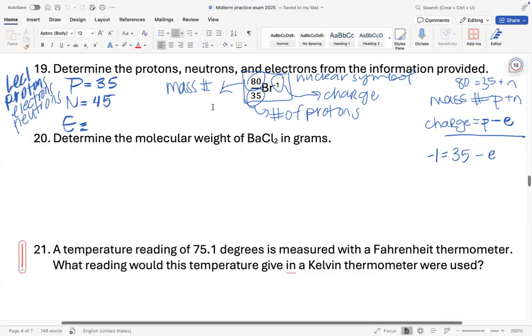So if I wanted to get a negative number, I know that my electrons need to be bigger than my number of protons, and this -1 charge is telling me it's more negative by 1. So 36 is the number of electrons. 35 minus 36 would be -1. All right. Questions?